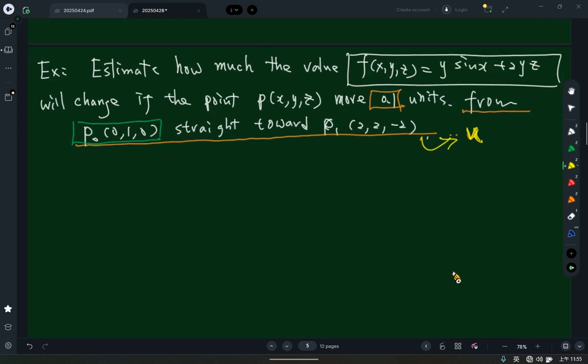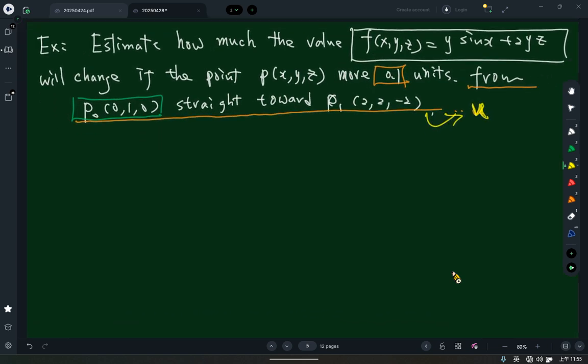Then how can we do that? We can start to calculate it. The first one is, let me just note it down as the formula here: gradient f at P0 inner product U, then times ds. So 1, 2, 3, 4.